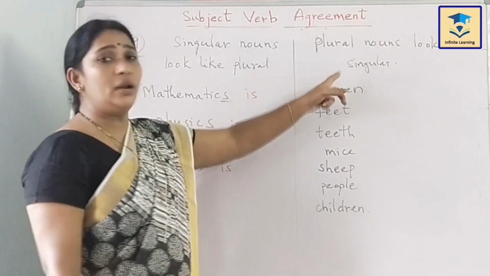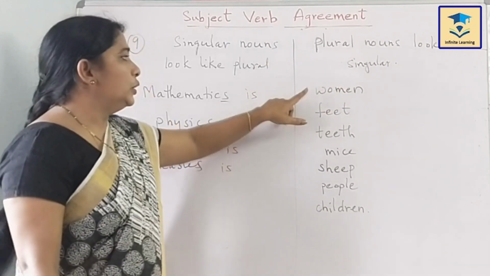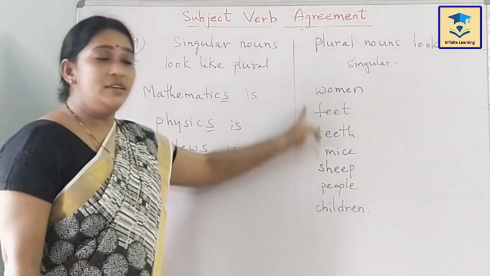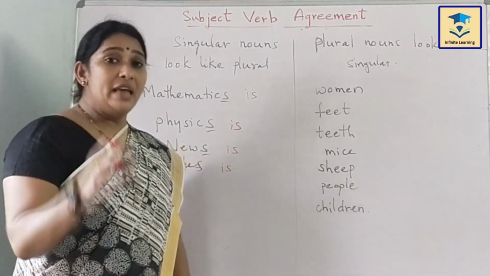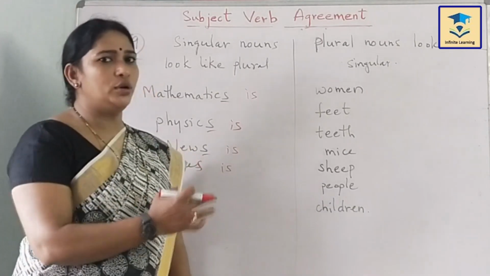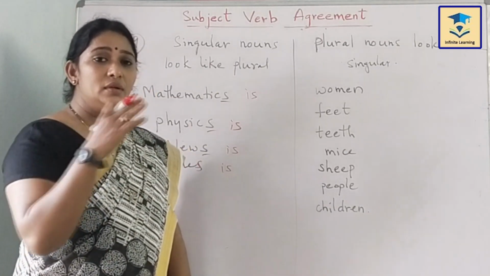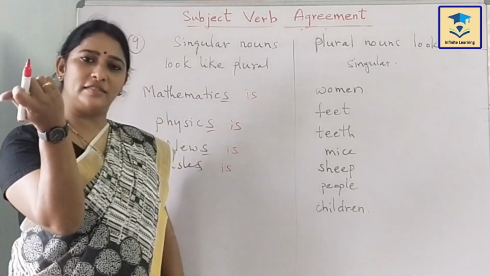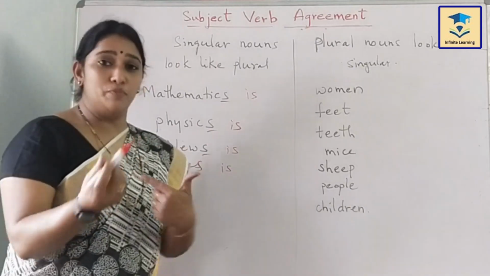And here, plural nouns, they look like singular. Women, feet, teeth, mice, sheep, people, children. I told you, if S is added to the noun, then consider it plural. Book, books. Cat, cats. Pen, pens. When S is added, it becomes plural.